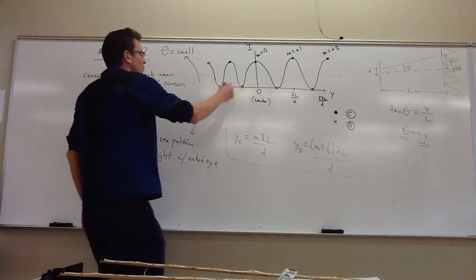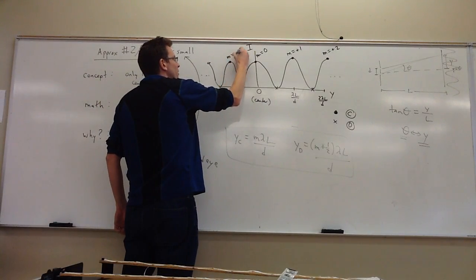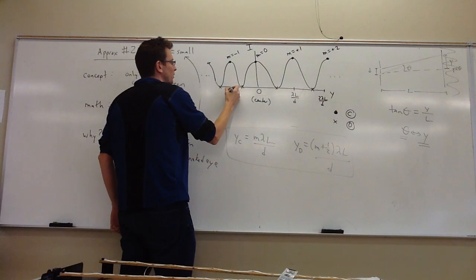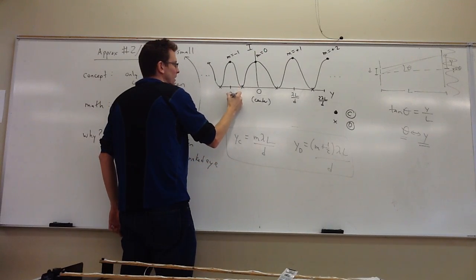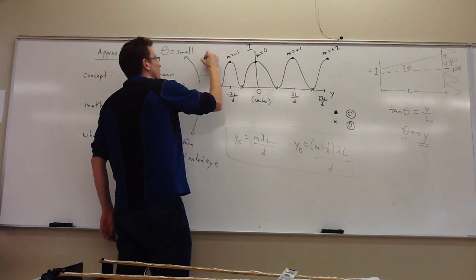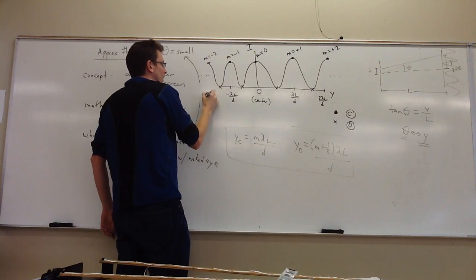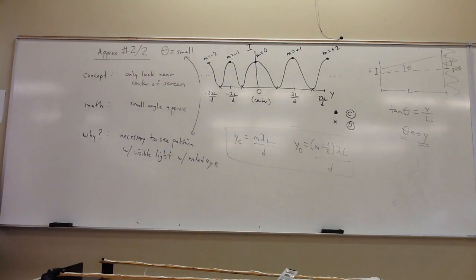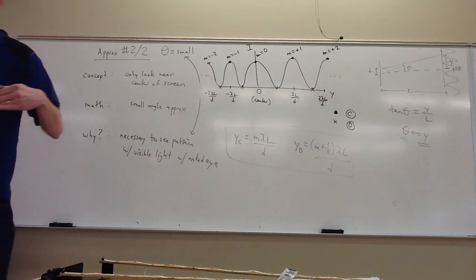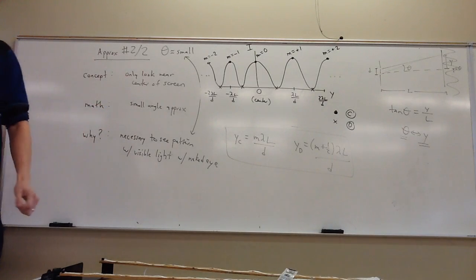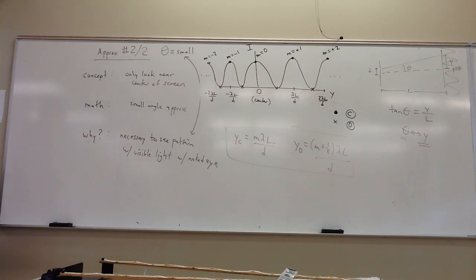We can do some of the brights over here, our constructives. M equals -1 is this one. That occurs at y equals negative lambda L over d. And then this one is the m equals -2. That occurs at -2 lambda L over d. So notice that the pattern is perfectly regular, right? Alternating. The spacing is equal.